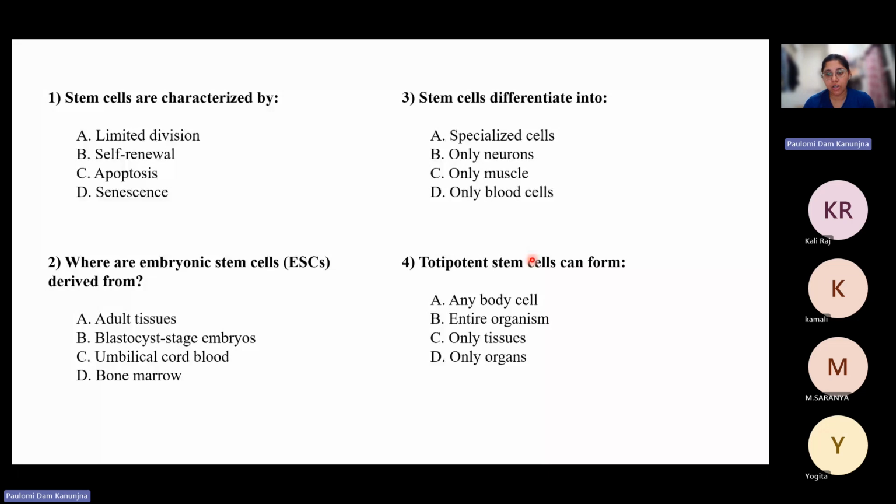Easy questions. These are all simple features of stem cells. Anyone else want to take a guess? I will wait for one minute more.